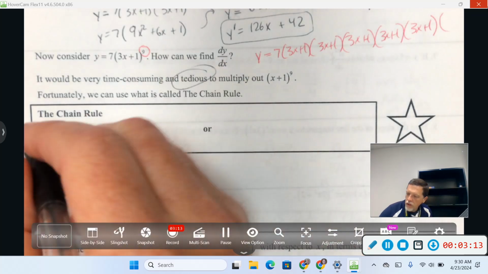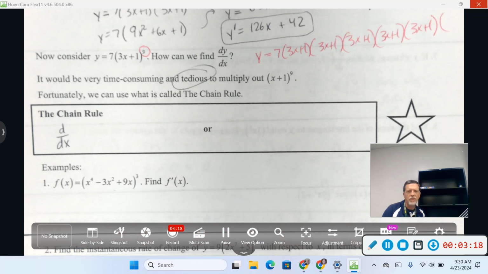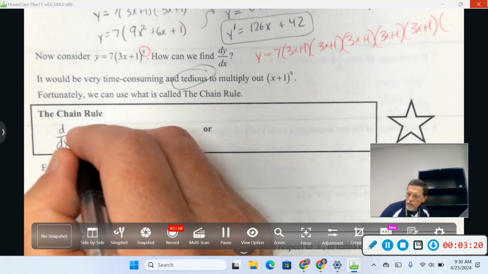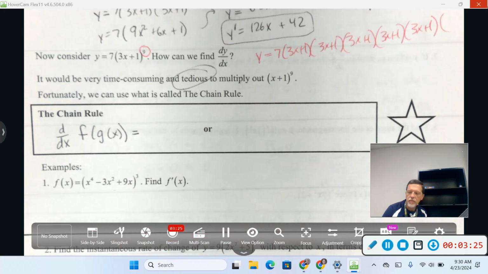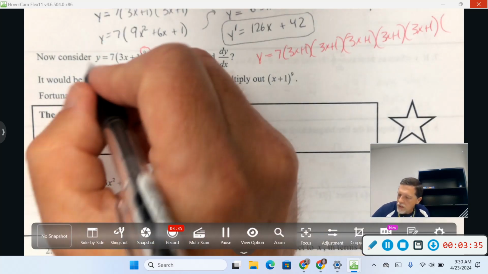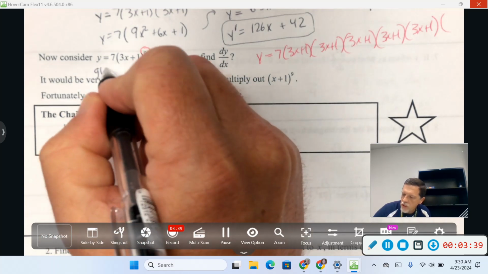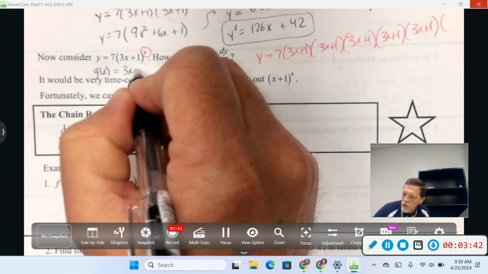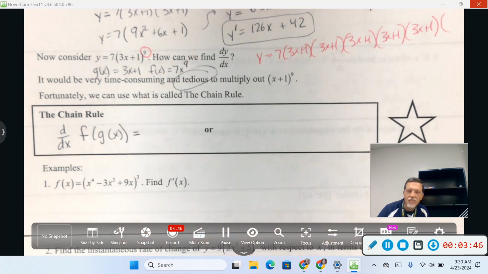So here's what it looks like, and it'll be easier to use than this equation makes it look. So we want the derivative of f of g of x, meaning we've got a nested function thing. Like this one up here, if we rewrote that, g is our inside function. So g of x would be 3x plus 1, and f of x, the outside function, is 7x to the 9th.